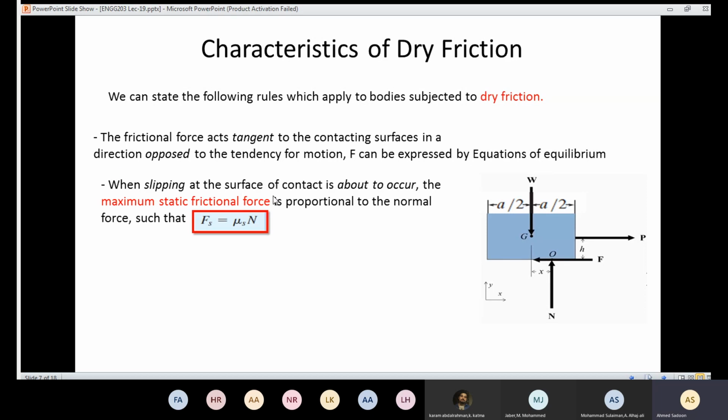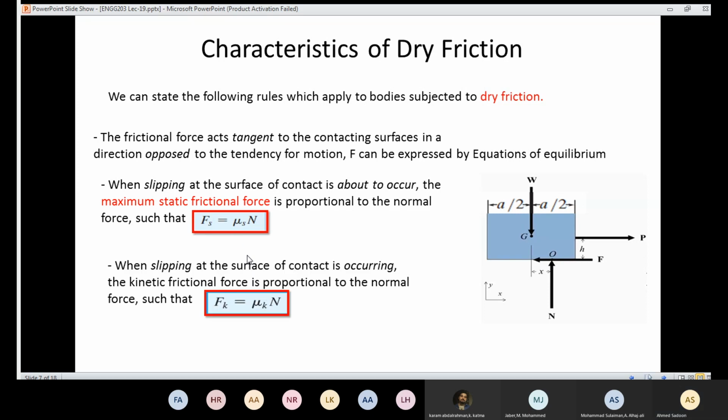Then when slipping at the surface of contact is about to occur, which means that the box is going to move in that direction, in that case, the static frictional force is going to be maximum, and we are going to call it Fs. And Fs equals μs times N. N is the normal force, and μs is the coefficient of static friction.